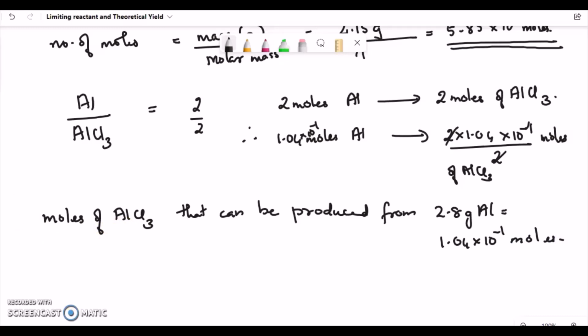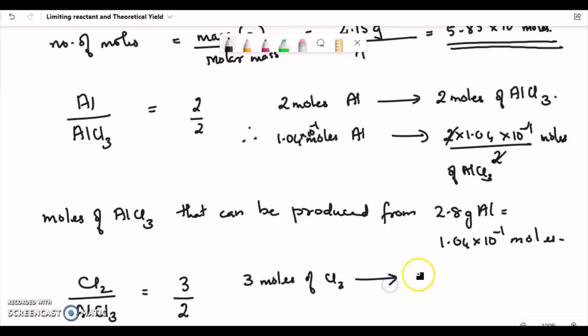Similarly, the mole ratio of the chlorine gas to aluminium chloride in the balanced equation, Cl2 to AlCl3, is 3 to 2. That means 3 moles of chlorine gas can give 2 moles of aluminium chloride.